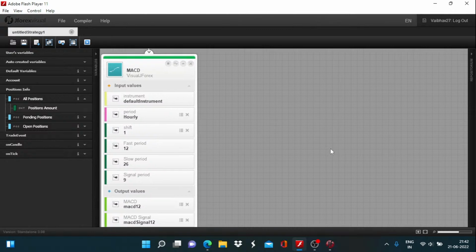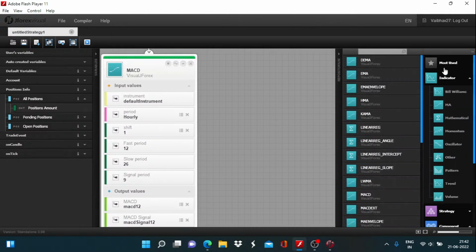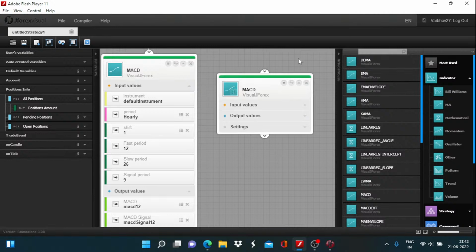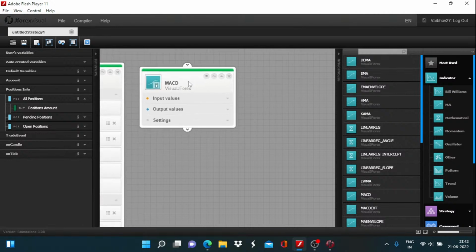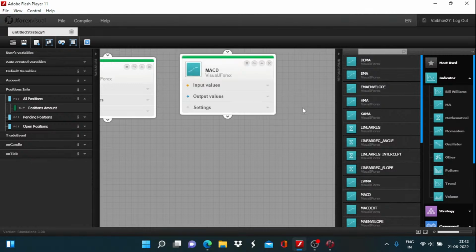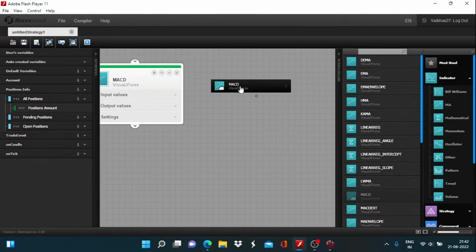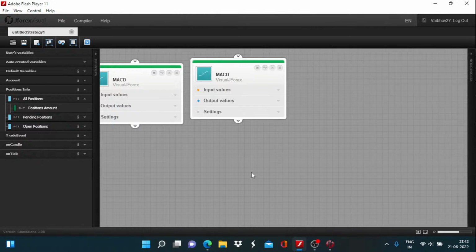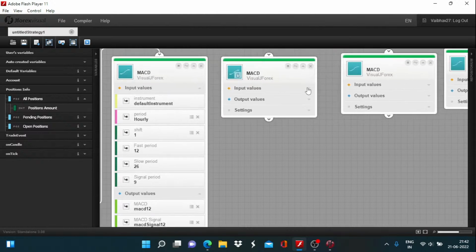Alright, so I am going to add 4 of these MACD indicator blocks. 1, 2, and 3 more. Okay, that's it.